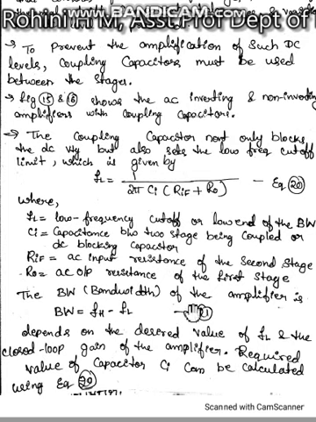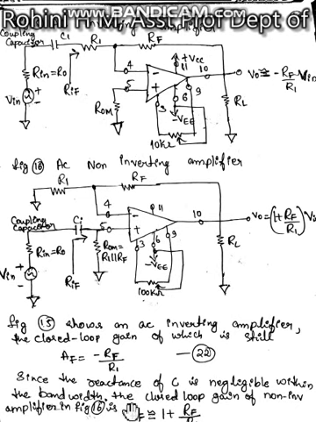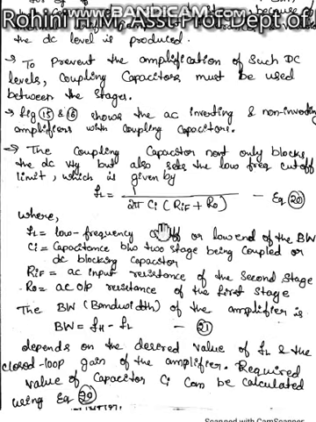The bandwidth of the amplifier is given as bandwidth equals the higher frequency FH minus the lower frequency FL. It depends on the desired value of FL and the closed loop gain of the amplifier. Now we can calculate this coupling capacitance value Ci by using this formula, which is shown here.